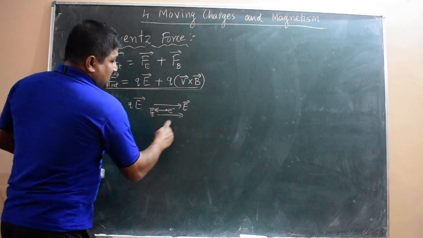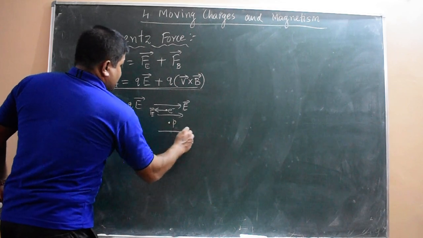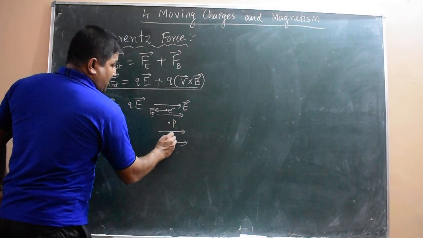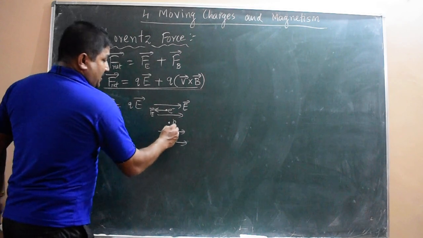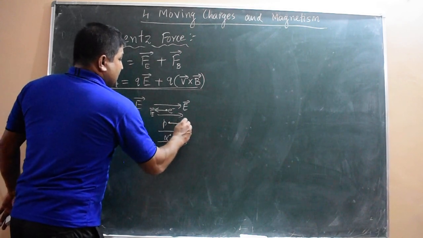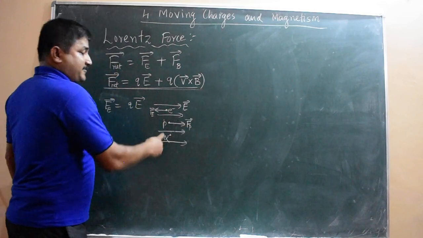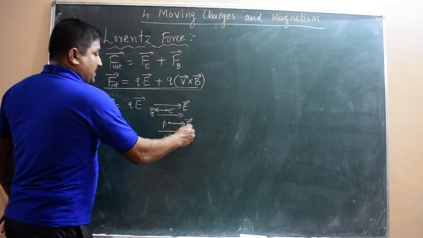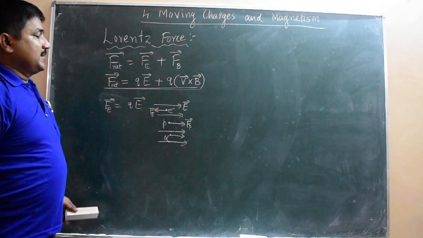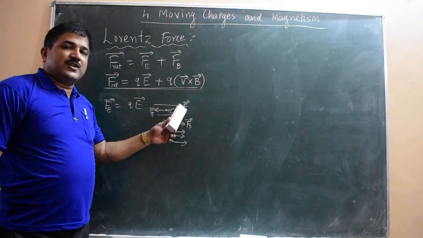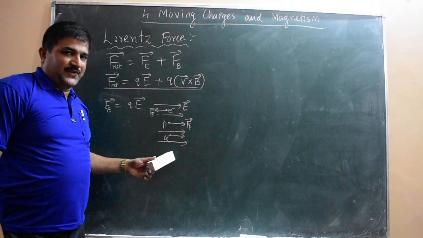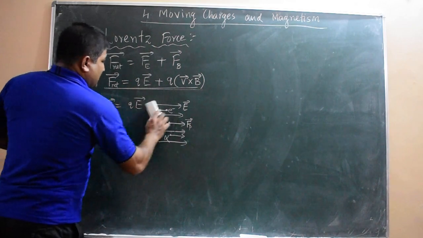In case of a proton or alpha particle, the direction of the force is this way, the same direction as the applied external electric field. So this is about the electric force.